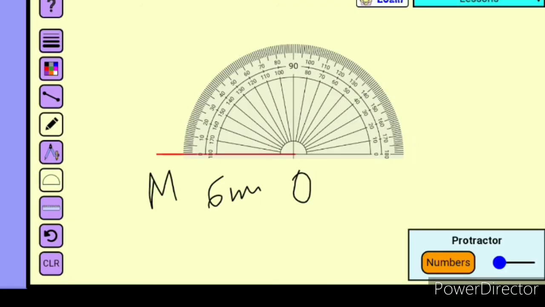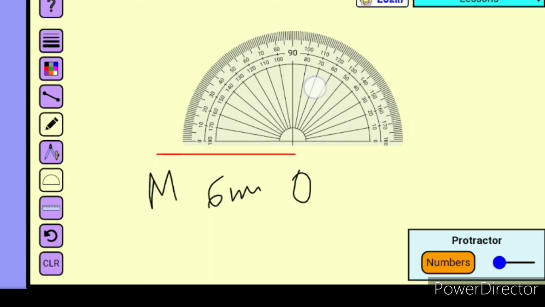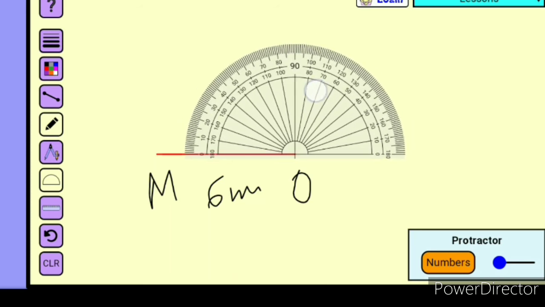We should take the upper scale unit because the 0 is on the left hand side, and from the left hand side only we are having the line segment OM.